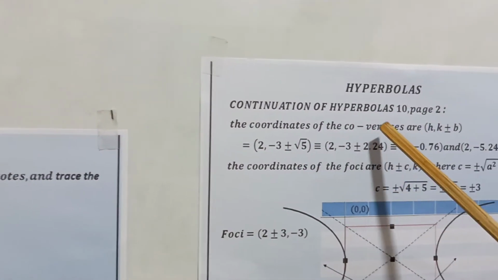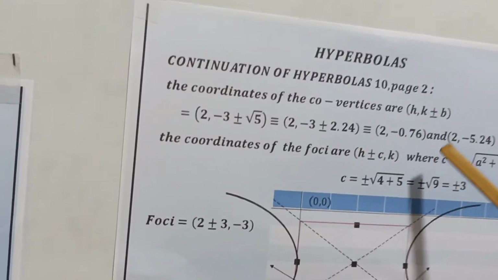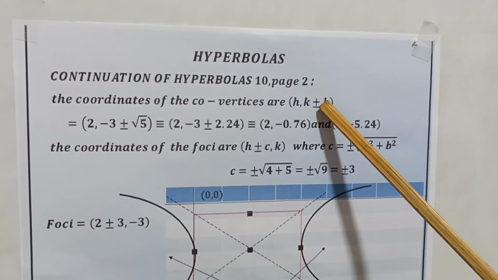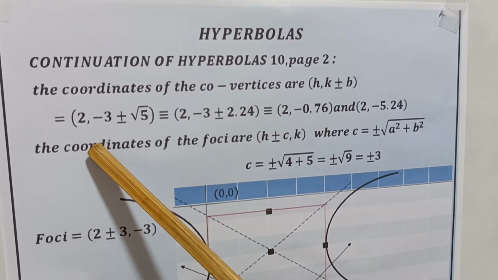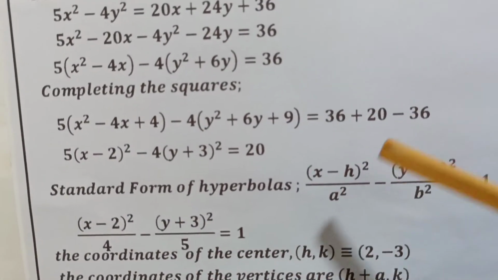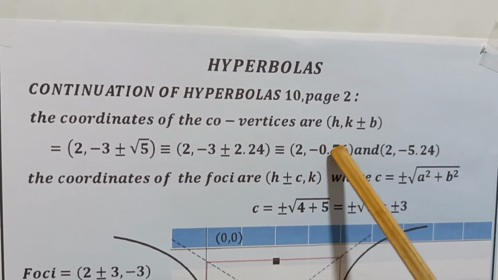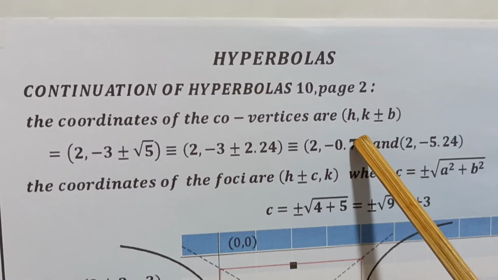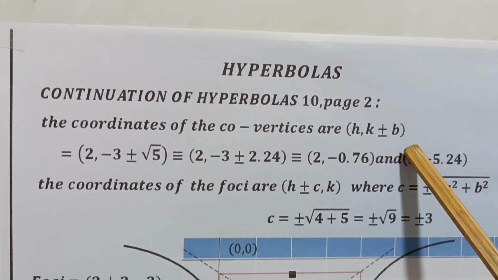The coordinates of the covertices are h, comma k plus or minus b. The value of h in this example is 2. So 2, comma k, with the value of k being negative 3, plus or minus b.